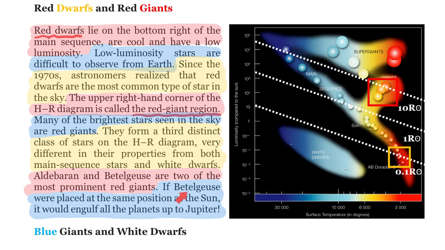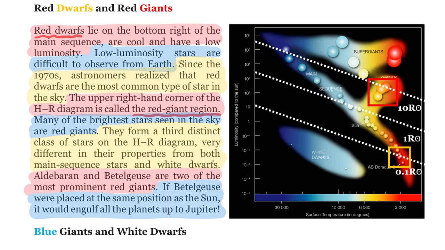To give you an idea of the scale of these behemoths, these monster stars, if Betelgeuse were placed at the same position as the Sun, and remember you can fit approximately 1.3 million Earths into the Sun, it would engulf all the planets up to Jupiter.